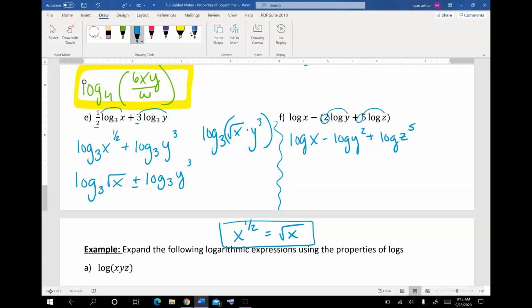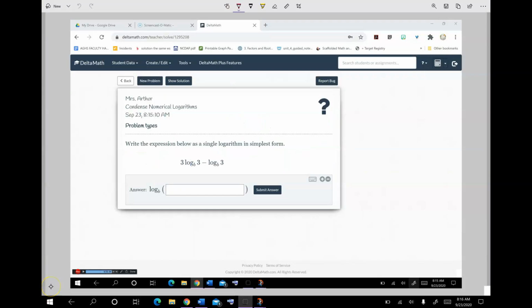This subtraction means all this is going to be divided back here. So when I make this a single log, I get x divided by y squared times z to the 5th. And that's your answer. There's nothing to clean up there. All right, so let's do a few more problems, just to make sure we got it.